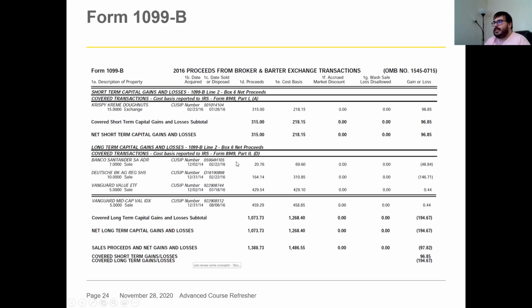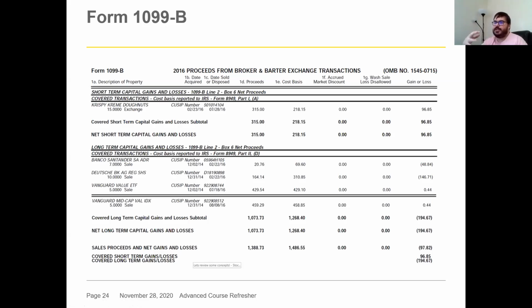So this is an example of a 1099-B. This one is a little bit old. This came from one of mine from a couple of years ago. But basically, in your brokerage, taxpayers will get a brokerage statement. And in the brokerage statement, it will be all consolidated.